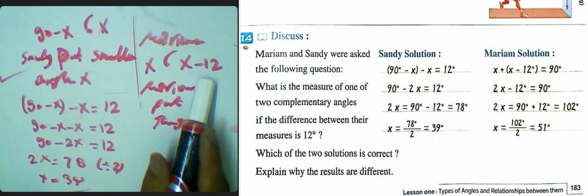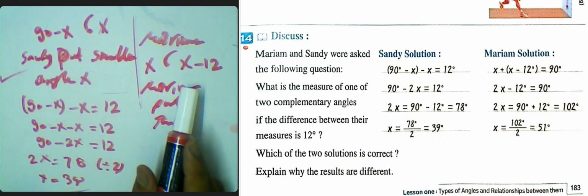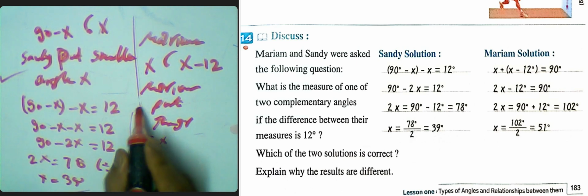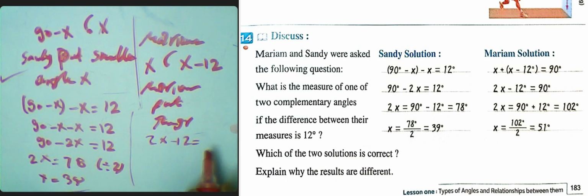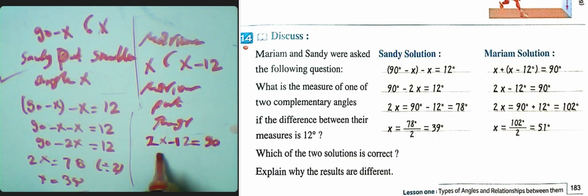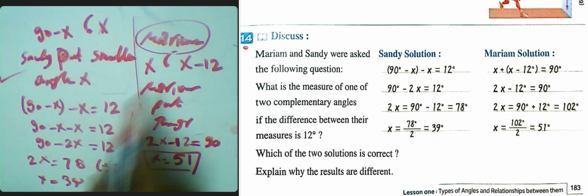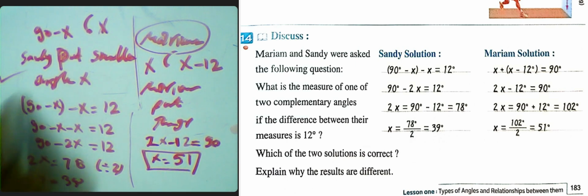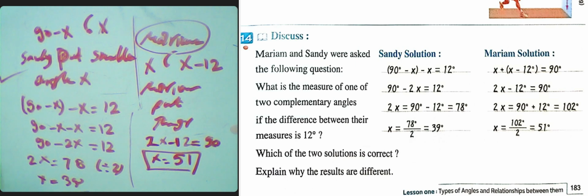And then she adds them, the sum of them equals 90 degrees. x plus x minus 12 equals 90 degrees. Then move the negative 12 to the right hand side: 90 plus 12 will be 102, divided by 2, then the value of x equals 51. So Mariam put the greater angle and Sandy put the smaller angle. Both solutions are correct.